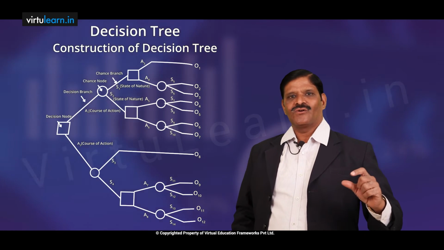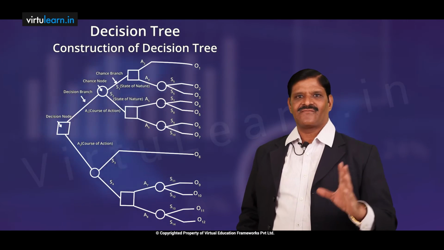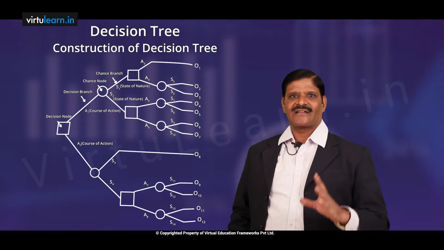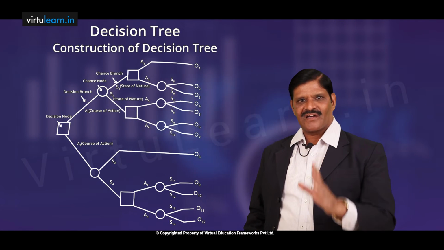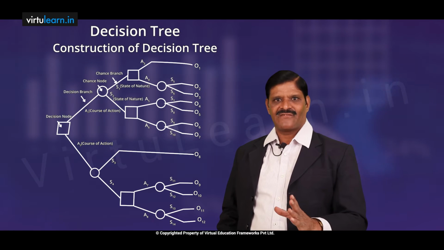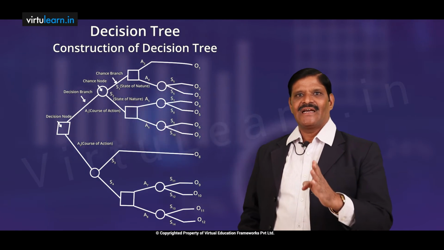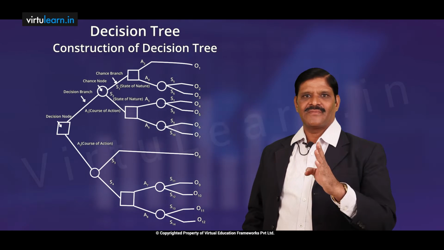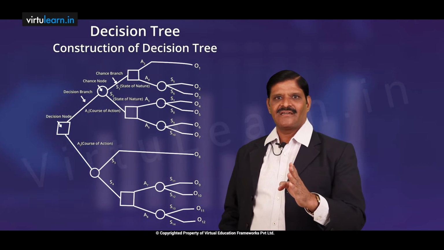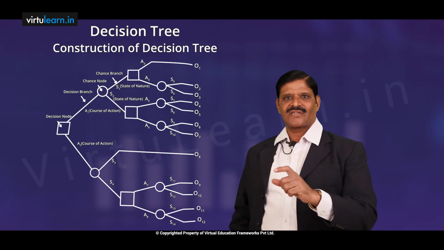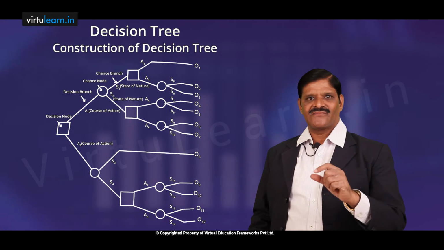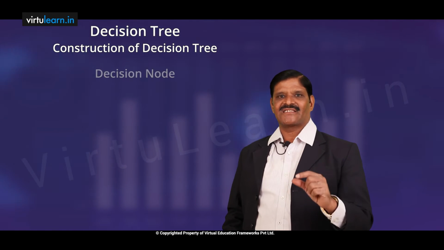There might be 2 lines or 3 lines or 4 lines or 5 lines emerging from that. If there are 5 lines, there are 5 alternatives available at that point. When there are 3 lines, there are 3 possible alternatives at the disposal of the decision maker. Likewise, we draw those lines from that square box, which we call the decision node.